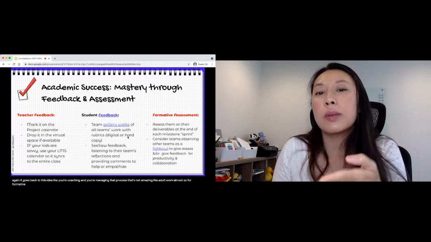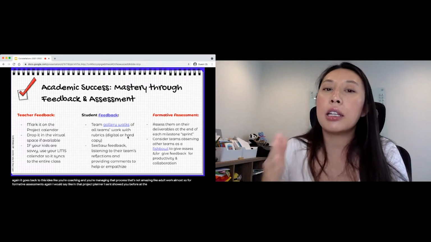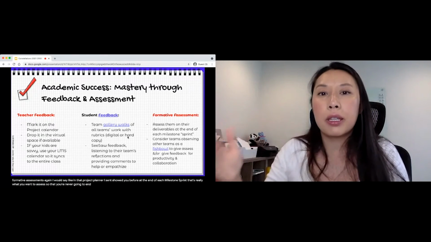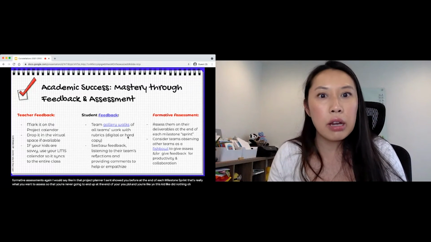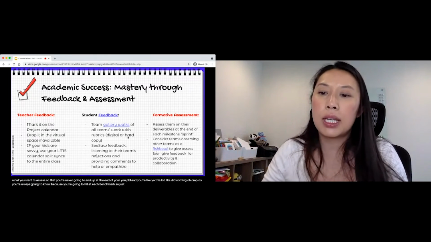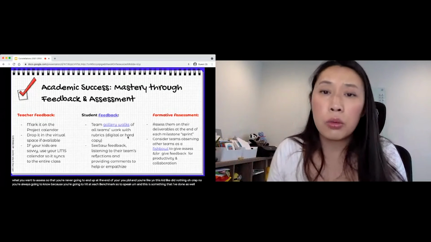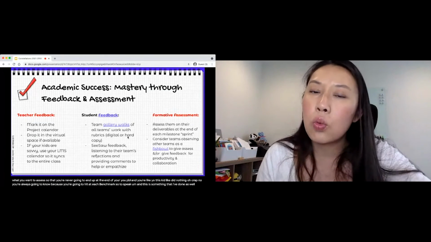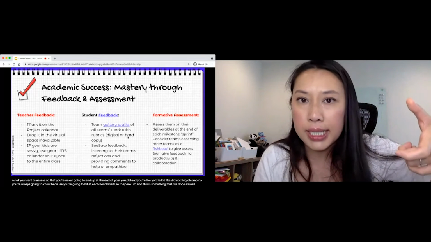So for formative assessments, like in that project planner I showed you before, at the end of each milestone sprint is when you want to assess, so that you never end up at the end of your PBL thinking, yo, this kid did nothing. Oh crap. No, you're always going to know because you're going to hit each benchmark, so to speak. And this is something I've done as well. Y'all probably know what a fishbowl is. I like to almost norm this way, where you get to see what a high functioning team performs like.